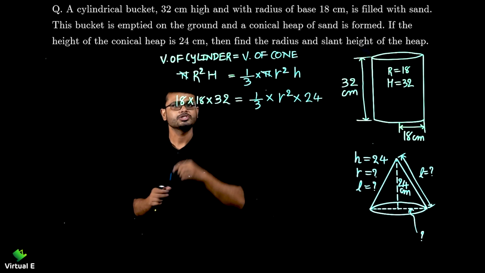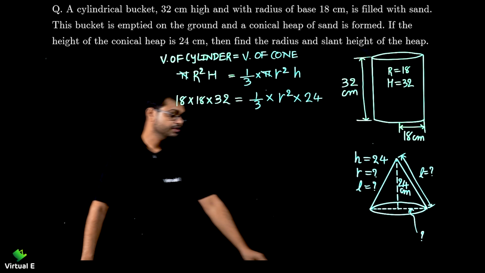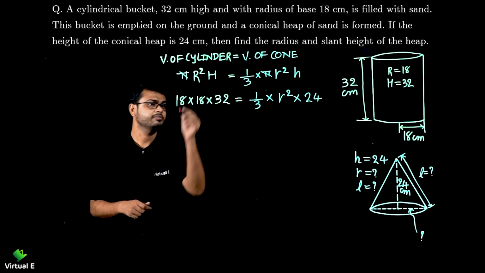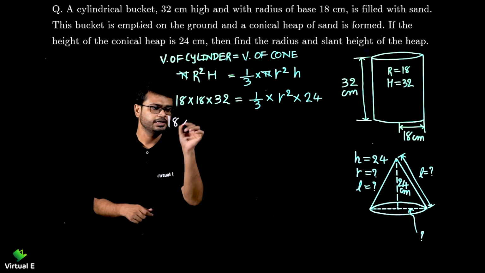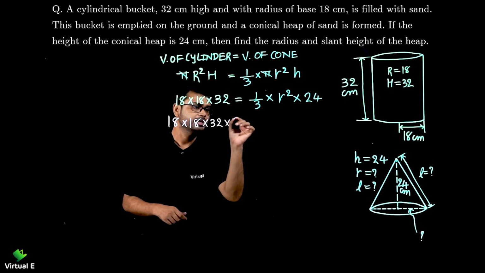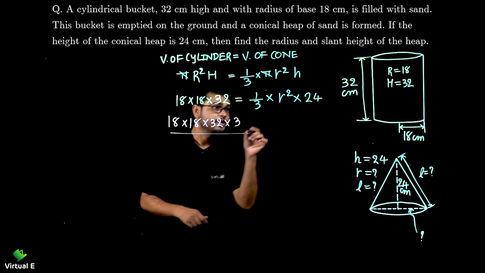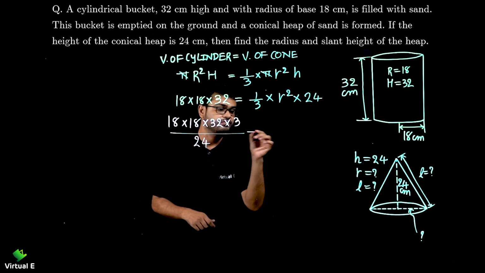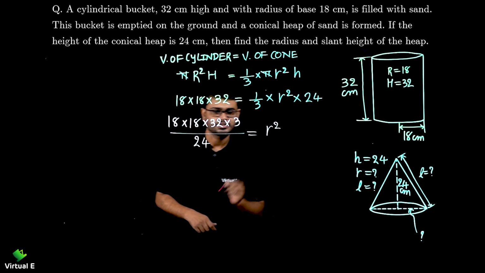Let's shift it. After shifting, this 3 will be in the numerator. So 18 multiplied by 18 multiplied by 32 multiplied by 3, and the denominator is this 24 only, nothing else, is equal to r square.